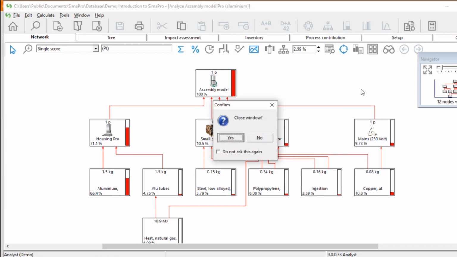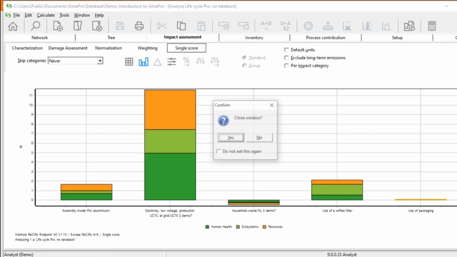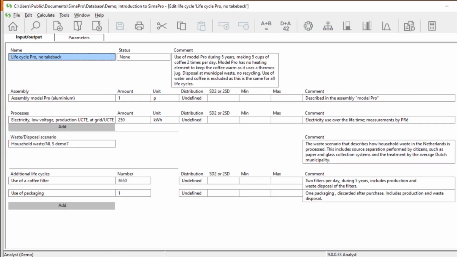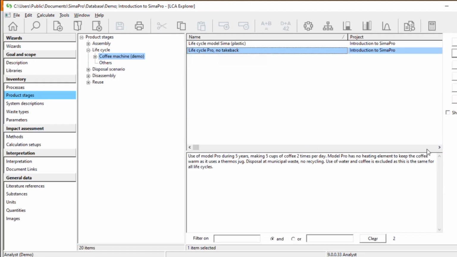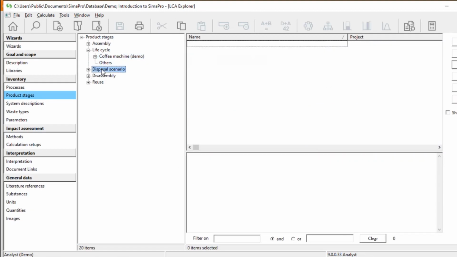Just close this one. All right, close. Okay. Individually you can check the disposal scenario here. Okay, coffee machine demo.